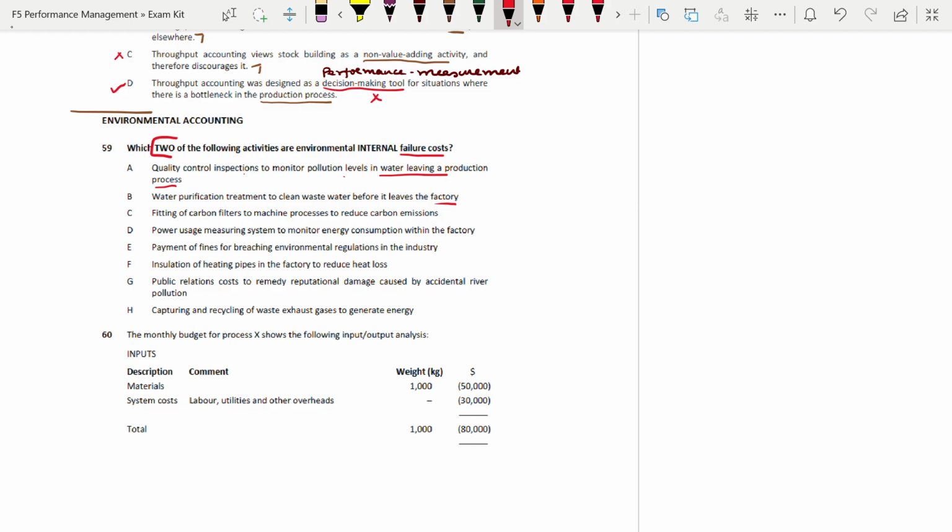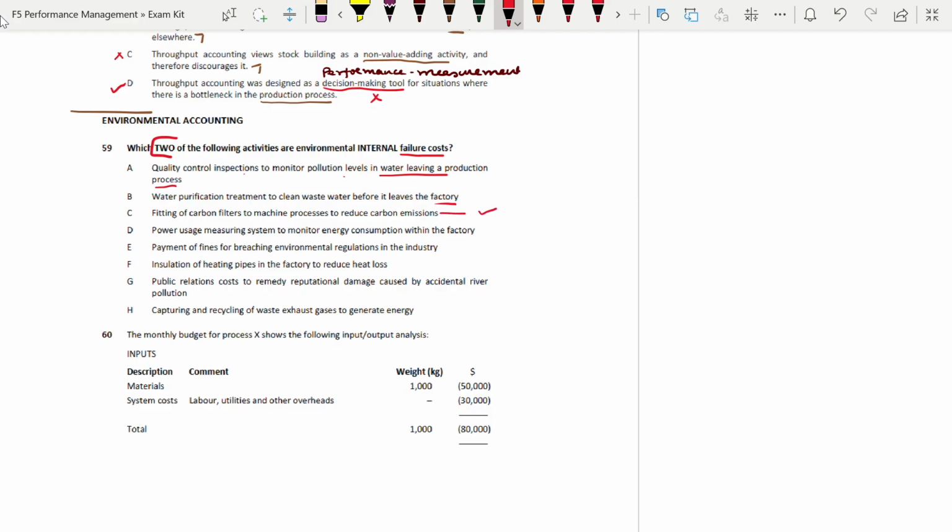Which of the following activities are environmental internal failure cost? Fitting of carbon filters to machine process to reduce carbon emissions.